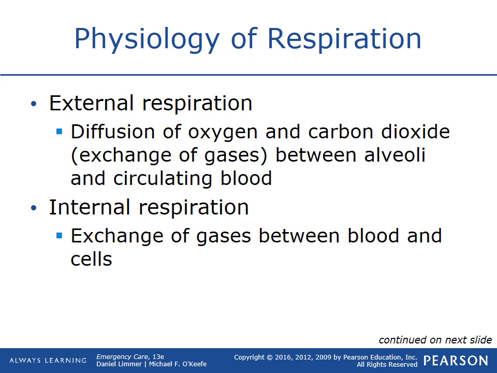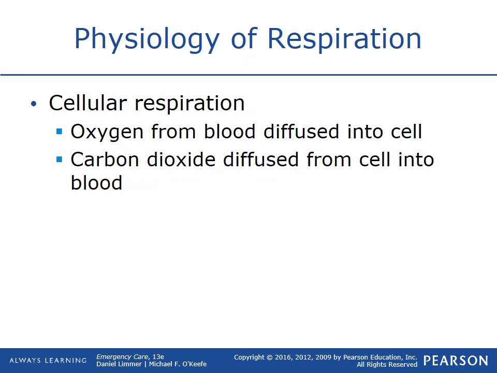So we have respiration taking place in the lungs, in the alveoli, and we also have respiration process taking place at the cell level where the capillaries surround the cells. And then they're giving off their oxygen, picking up the carbon dioxide. Cellular respiration then is oxygen from blood diffused into the cell and the carbon dioxide diffused from the cell into the blood.